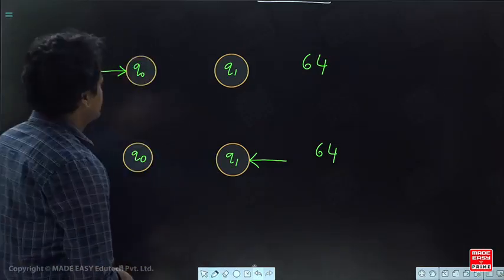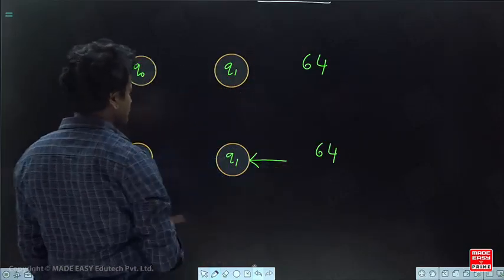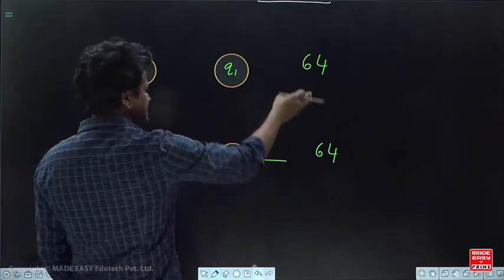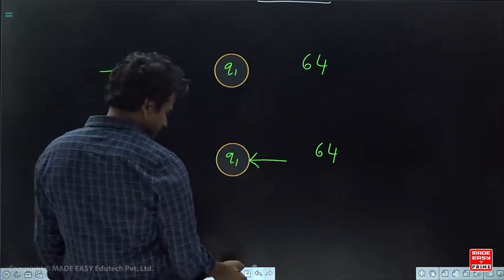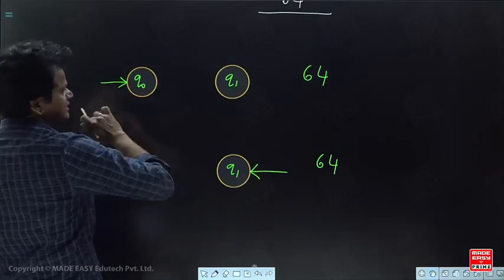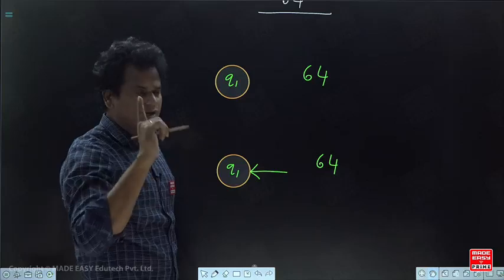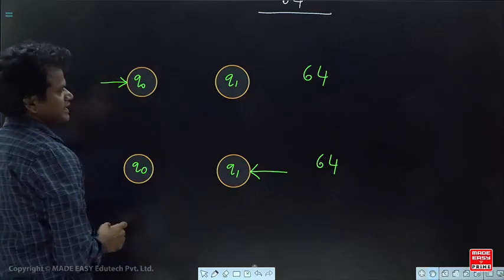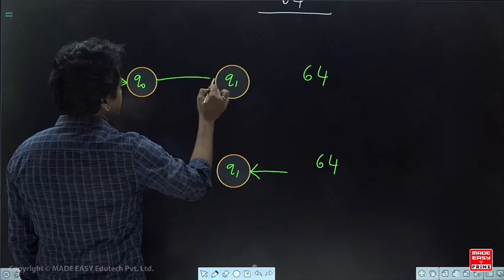Okay, now come back. So Q0 is initial, 64, no doubt. Q1 is initial, 64. These 64 are the same only. When Q0 is initial, there will be 64 DFAs. Out of 64, one DFA I am constructing.